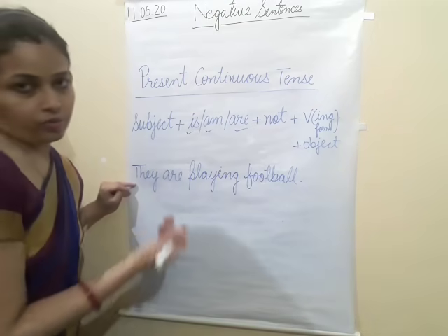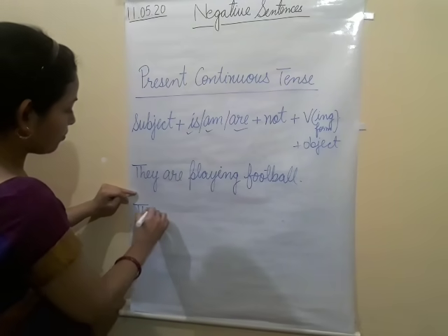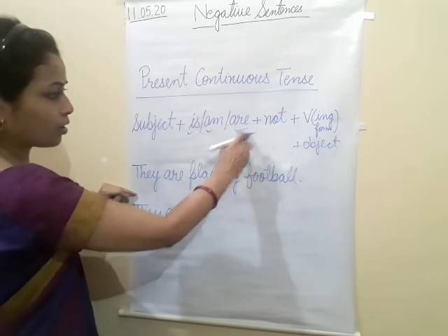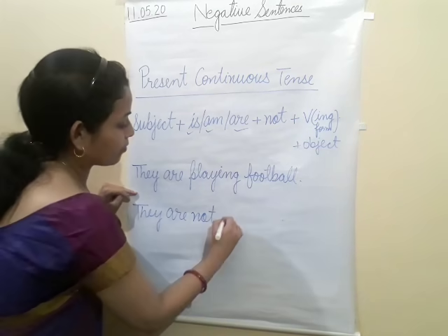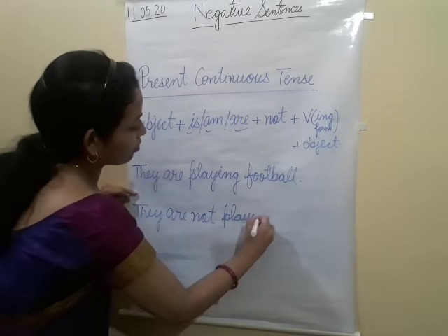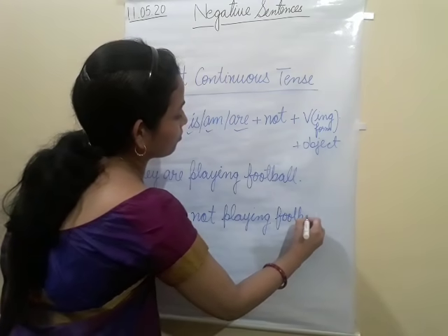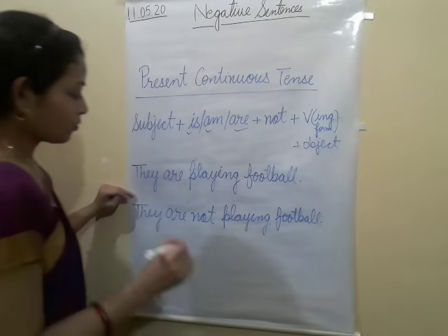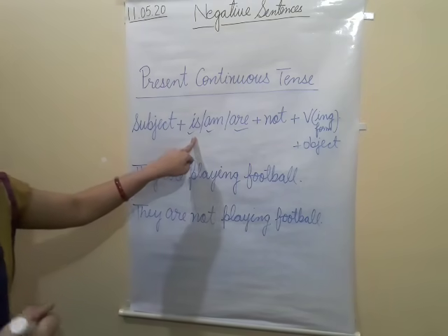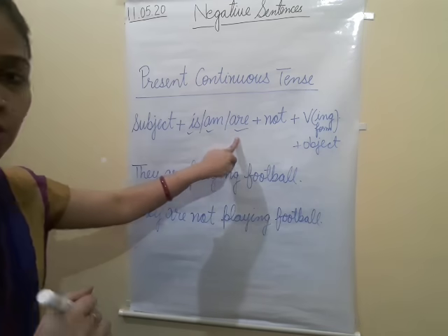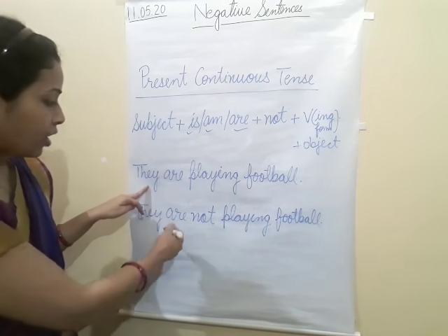So when we change into negative, what will be the answer? That will be they are, then not, then ing form, playing, then football. Clear? They are not playing football. Okay. So with is, the example is written, am example written, are example also written. Clear? So in this way we will change into negative.